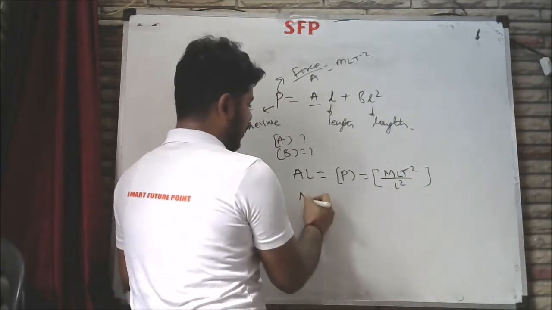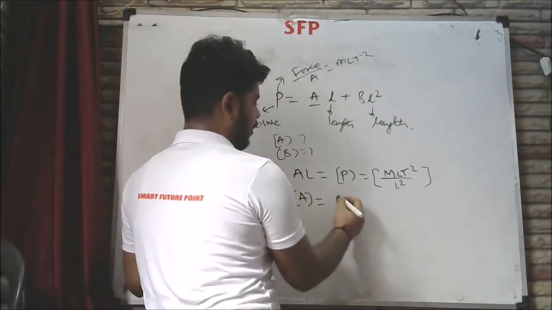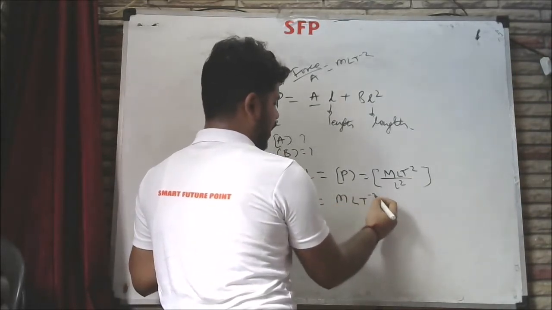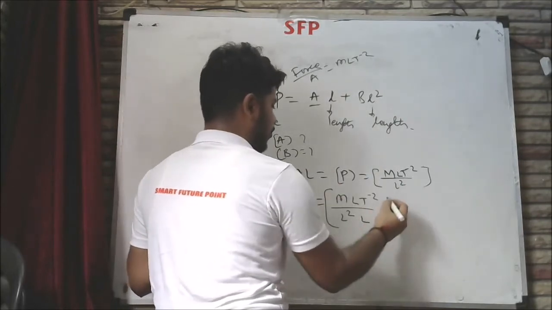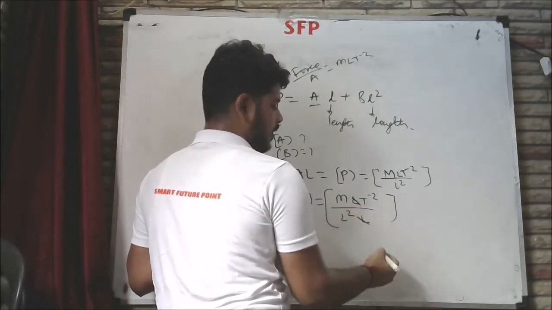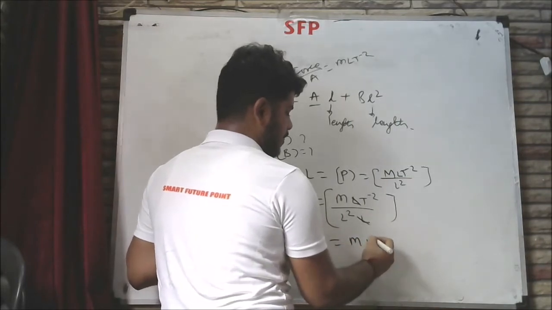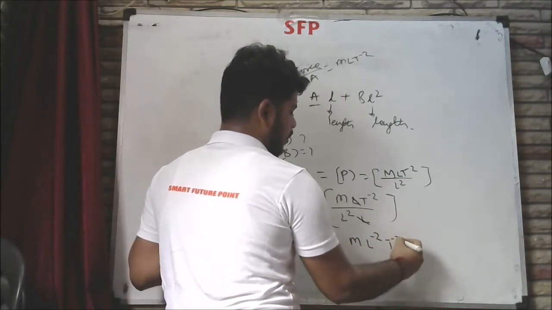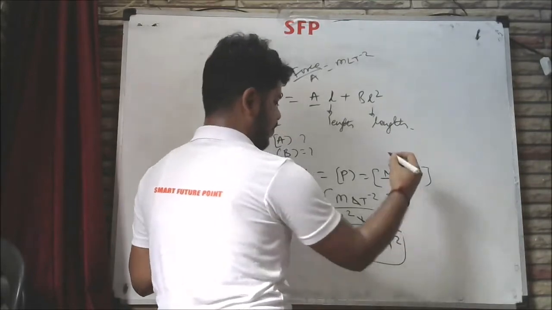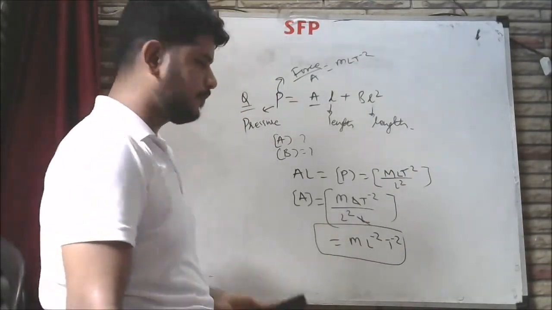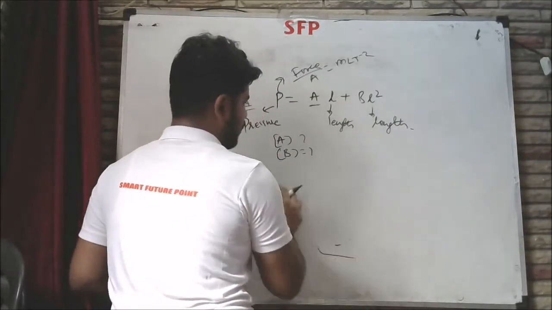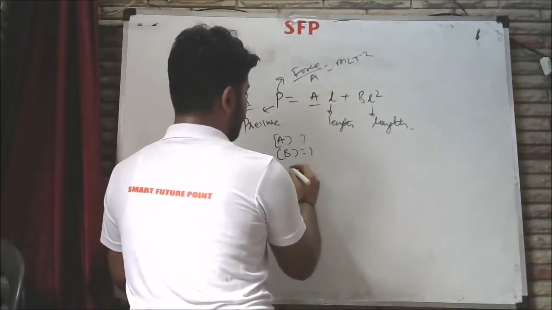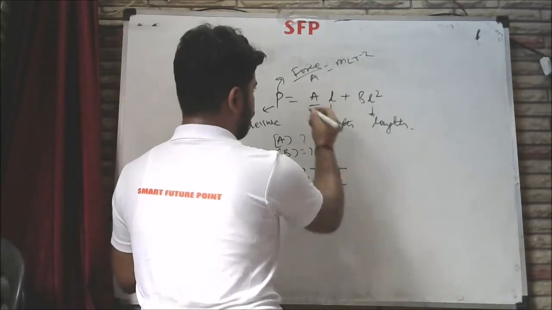Fine. Now what will be the dimension of A? This is nothing but MLT minus 2 by L square, and one L will also be included, which means this L will be cancelled out. A has dimension of ML minus 2 T minus 2. Fine. For B, I am going to do the same thing. B will also be equal to pressure.